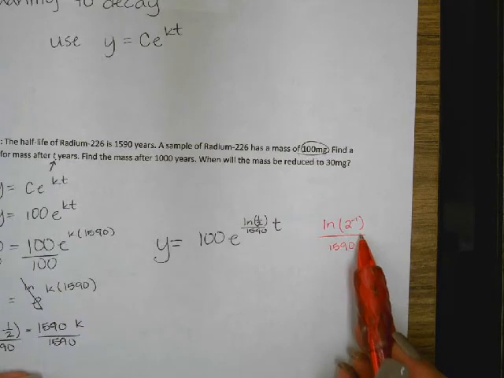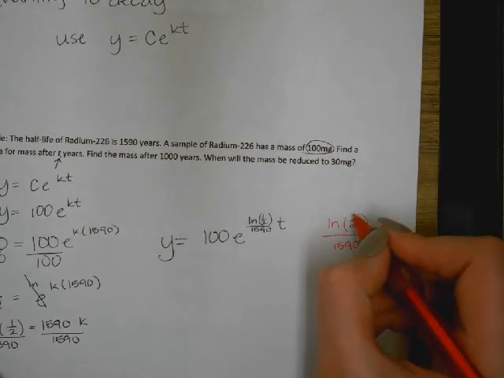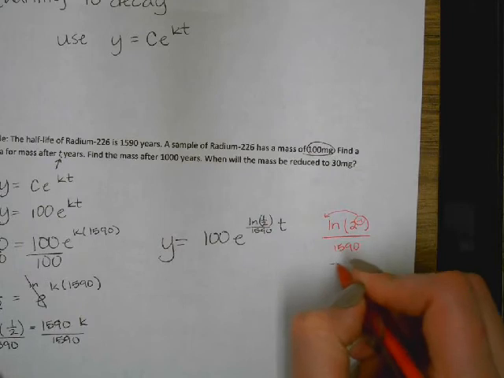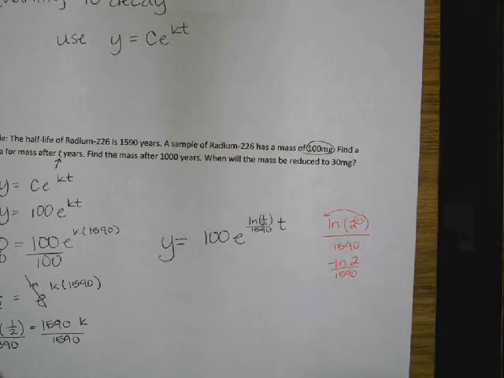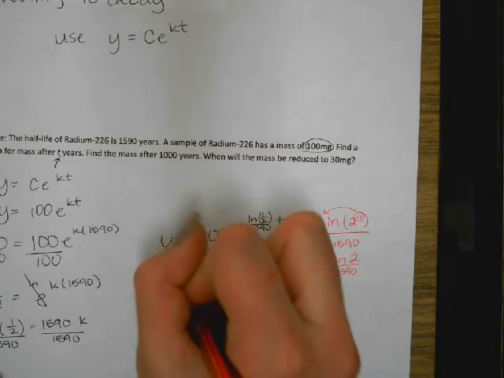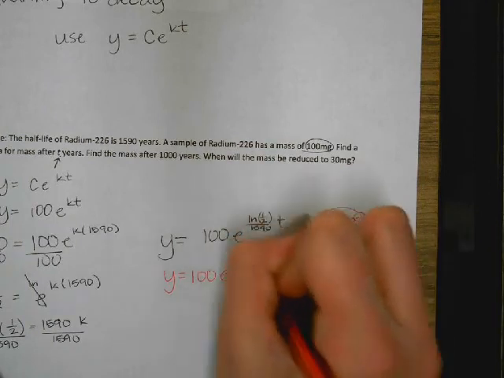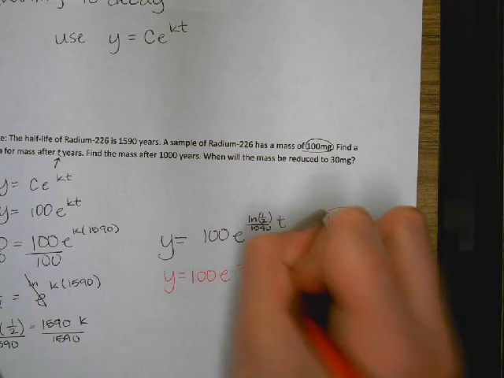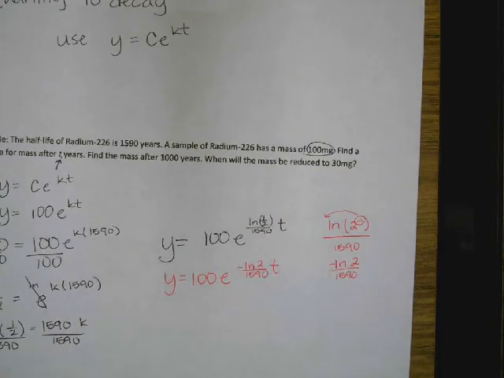And then if you guys recall the properties of logs, anytime you have an exponent, you can actually just move it to the front. So we could say that's negative ln of 2 divided by 1,590. So an alternate answer for this would be negative ln 2 divided by 1,590 with a t right there. Two different answers, both of them are mathematically correct. I just wanted you guys to be able to see that these two really are the same thing, even though it looks like they're not at all.